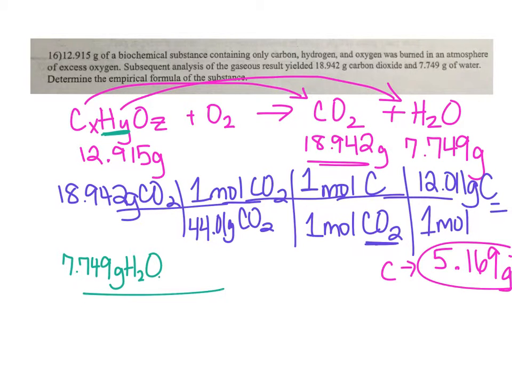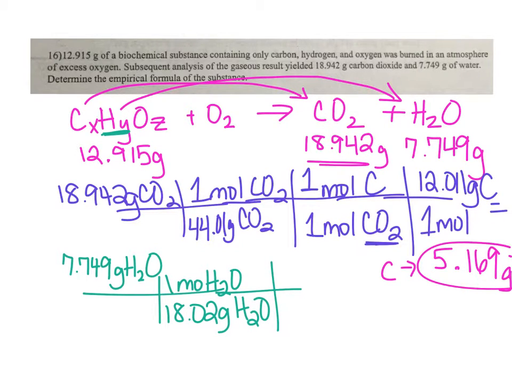I know that 1 mole of water has a molar mass of 18.02 grams. In this molecule, we're comparing our moles of hydrogen to moles of water. So I know that 1 mole of water has 2 moles of hydrogen.